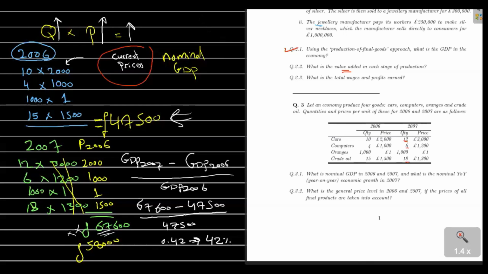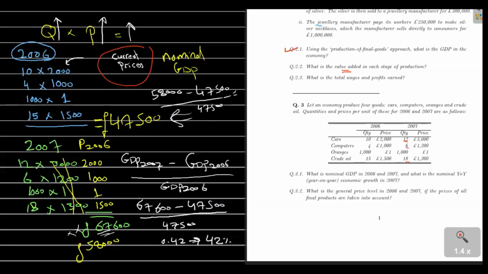Okay, perfect. So that's right. The growth rate of real GDP, you're just going to use these two values here. So it's going to be 58,000 minus 500 divided by 47,500.